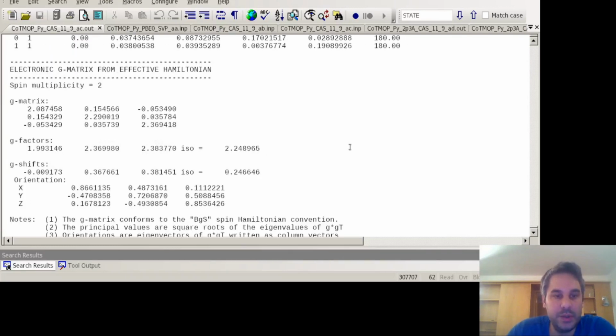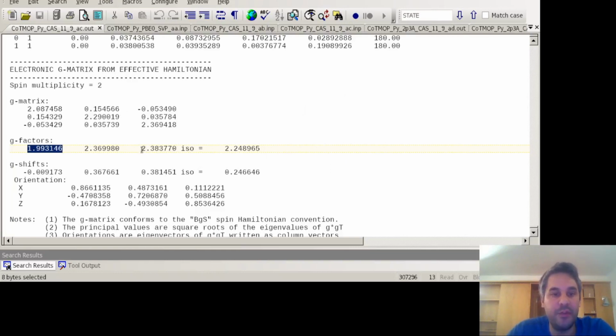But what I want to show is the G matrix that we obtain. So what we get is one G value that's almost 2, and two of them that are 2.37 and 2.38. If we plot that, we will see that these two values are contained in the cobalt porphyrin plane, or the approximate plane, and this value will be pointing perpendicular to the cobalt porphyrin plane.